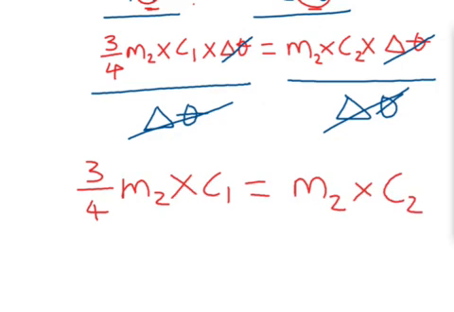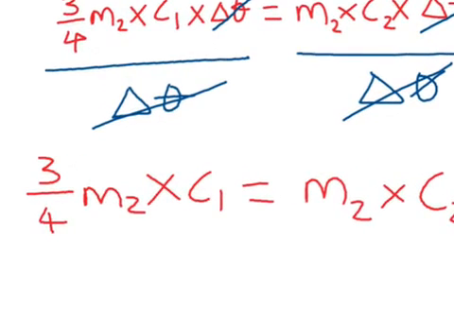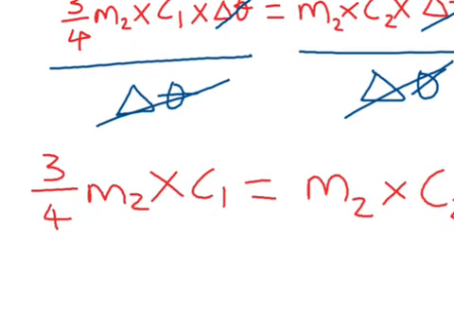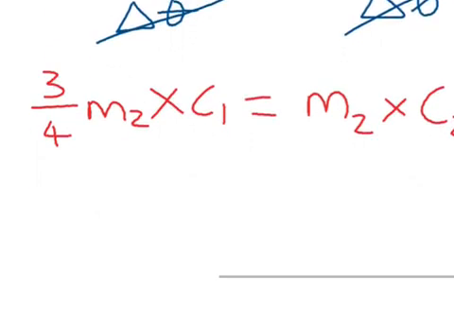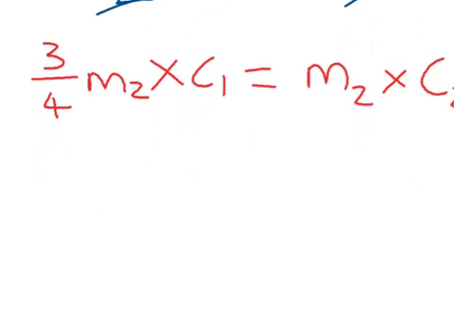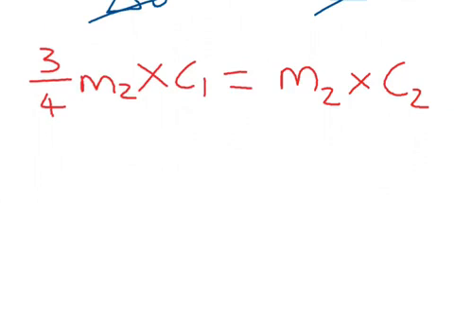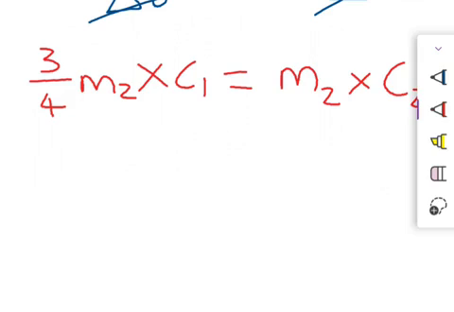So that's what we are left with here. Now looking at this equation, how do we write an expression for C1 over C2 from it? How do we write an expression for C1 over C2?